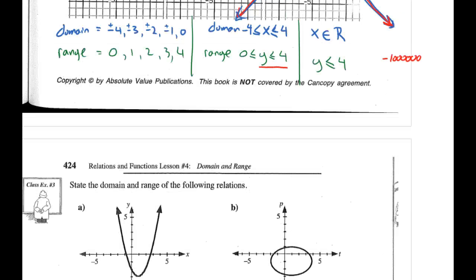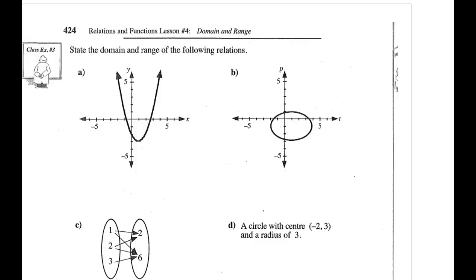Let's do a few more visual examples. I'm going to go through these a little bit quicker now. Here's the domain. The domain here, x is all real numbers, because again, this keeps going forever this way. And the range, y is greater than negative 3.